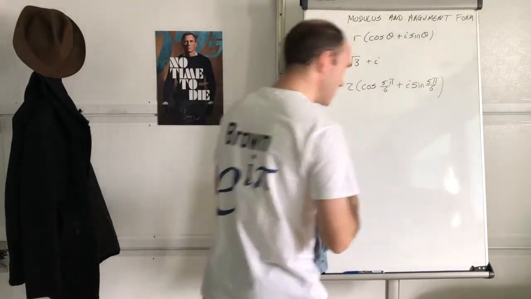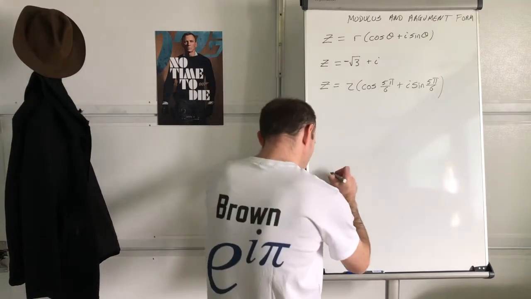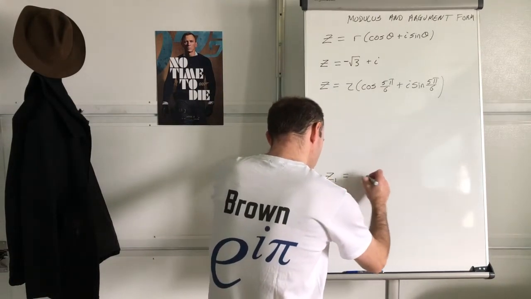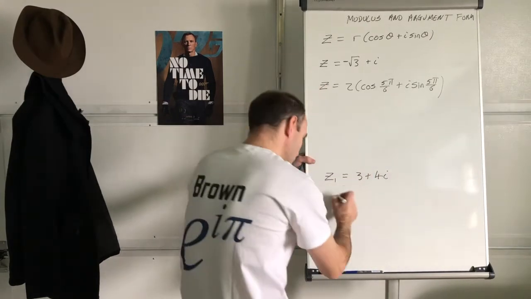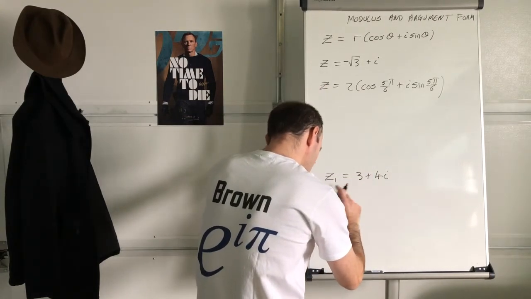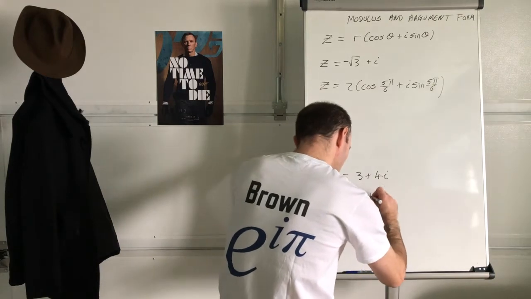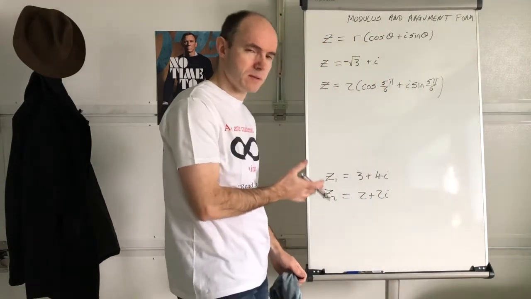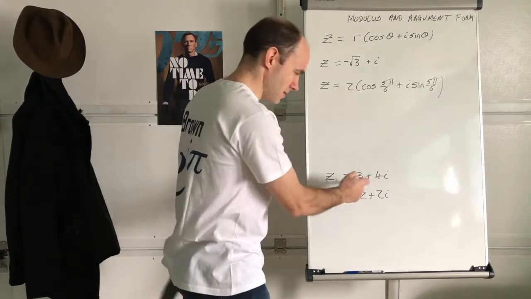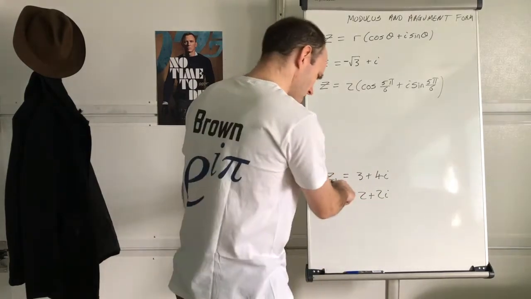Right, what I'm going to ask you to do is this. I'm going to ask you to work out the modulus and argument of that, the modulus and argument of this. I'm not going to give you difficult complex numbers. There's no point in making them silly. So simple complex numbers. Modulus and argument of that.